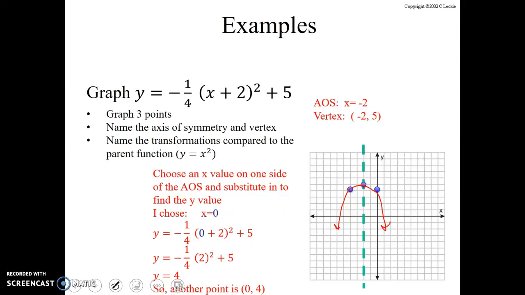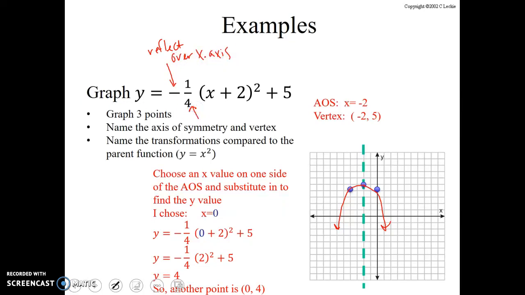Okay, and then the last thing is to name the transformations compared to the parent function. And so the negative is going to reflect over the x-axis.